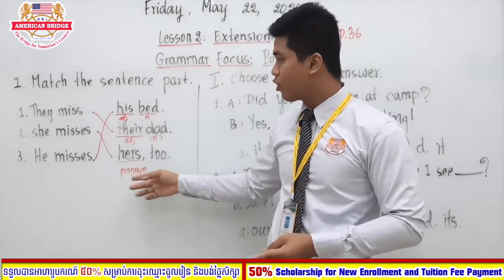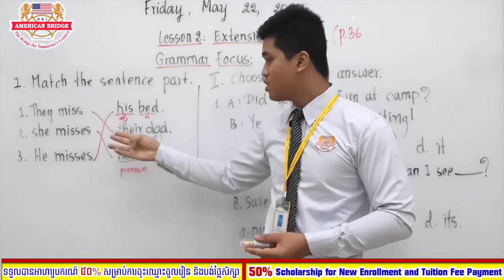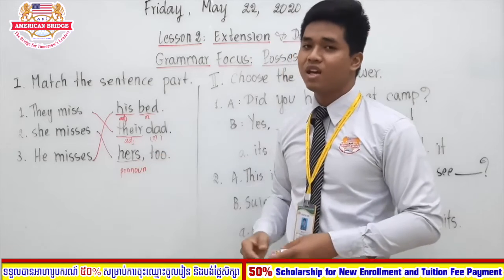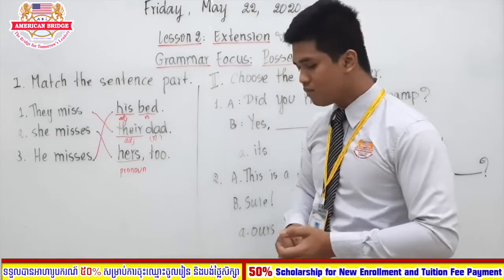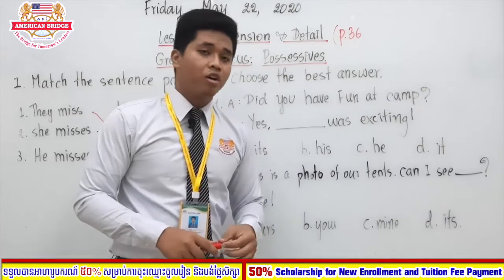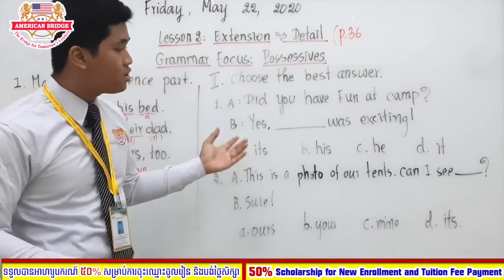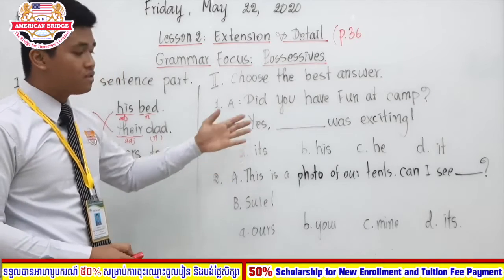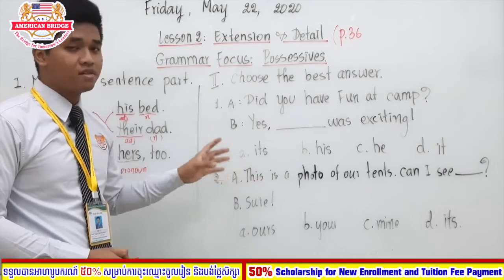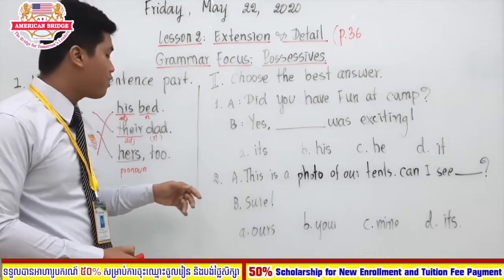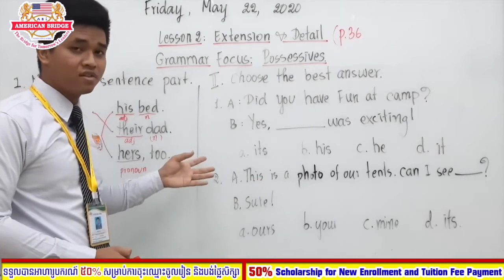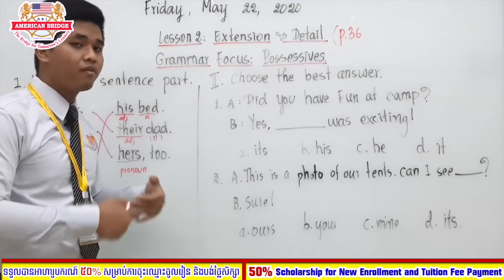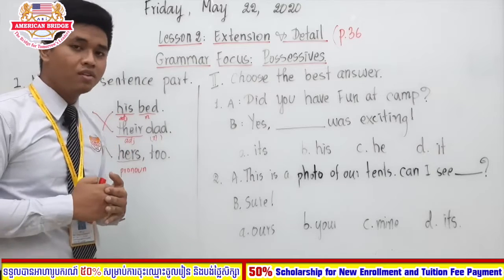We understand from the first sentence, they miss their dad and she misses hers too, which means her dad. Good. Now on page 36, you have studied the lesson, and on page 37 there is a practice exercise. There are around 4 exercises there, but I will do 2 exercises for you so that you have a better idea of how to do this exercise.